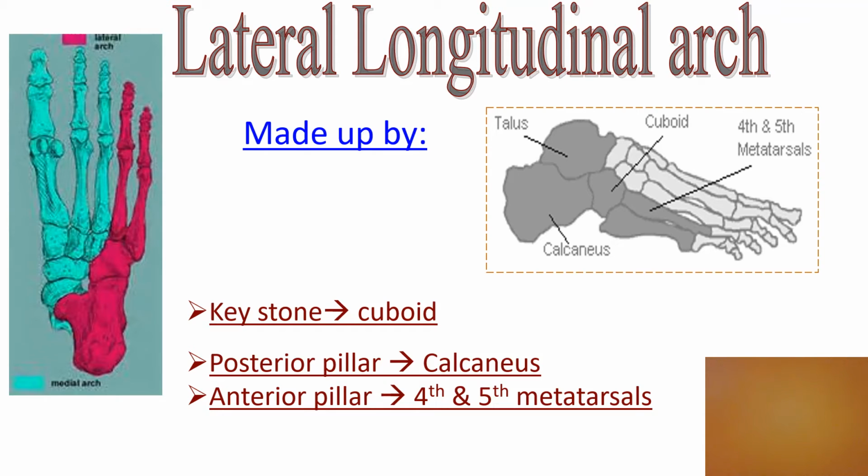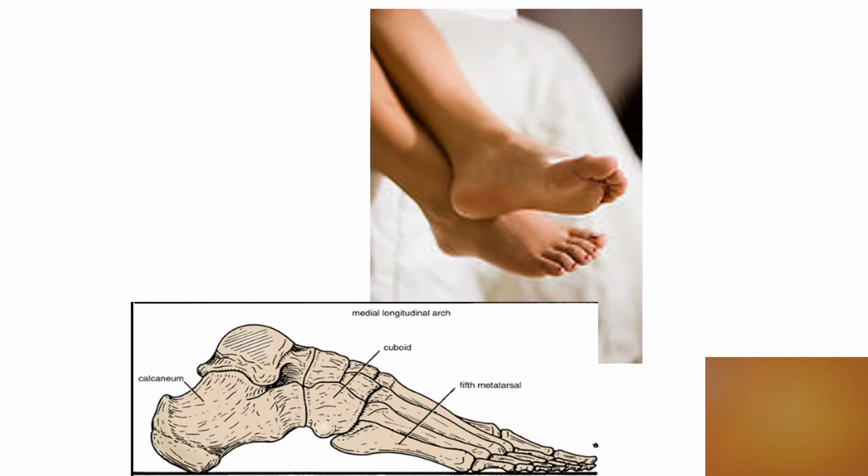Notice here the relation between the talus and cuboid. The talus is the keystone for the medial longitudinal arch, and this is the cuboid keystone for the lateral longitudinal arch. Here is the lateral longitudinal arch.